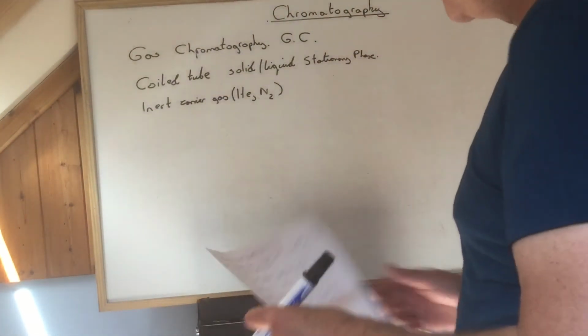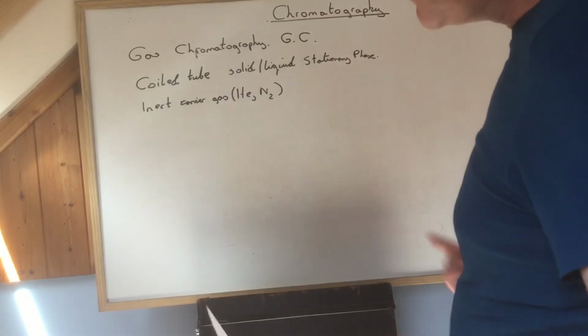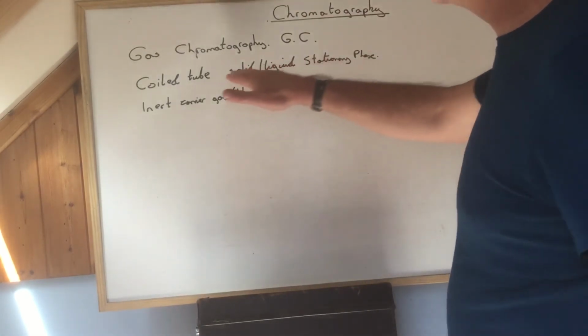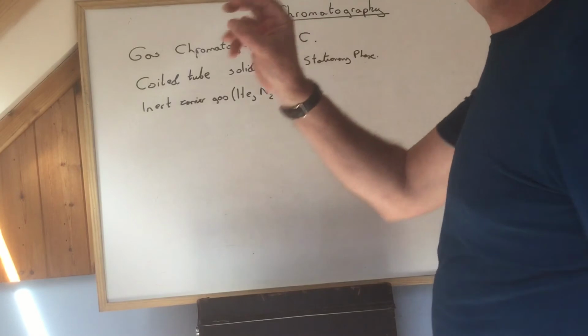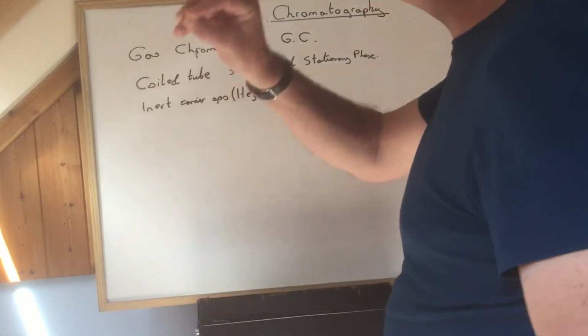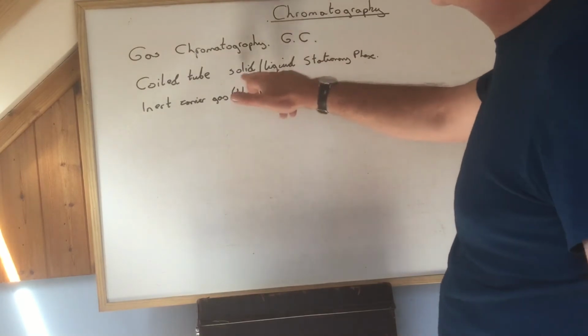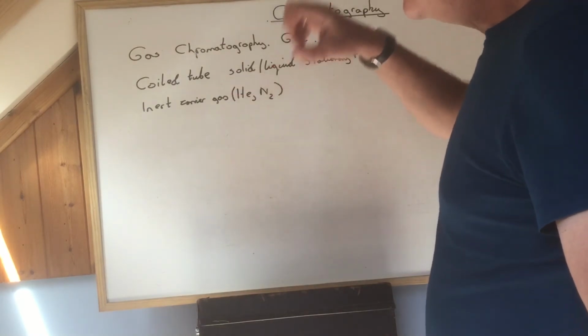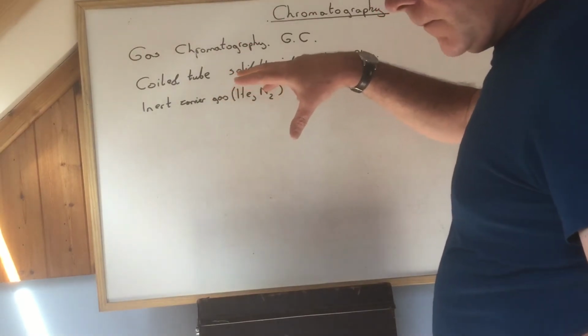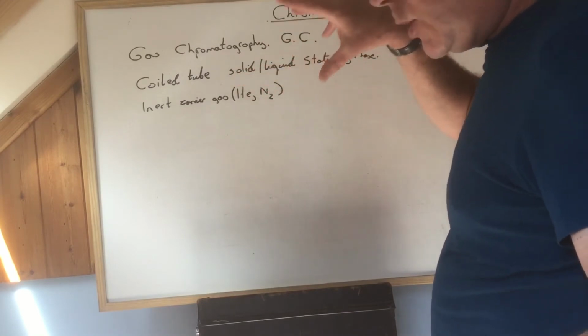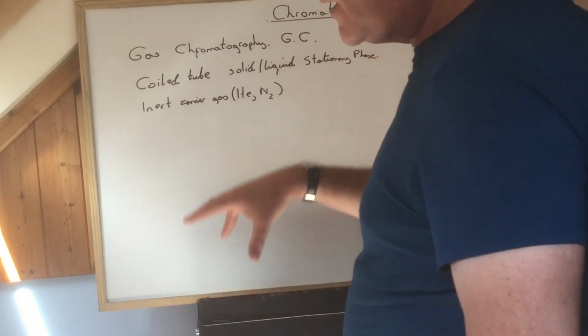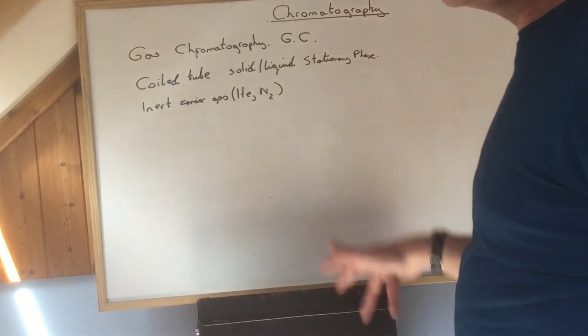So what do you do? You take your mixture, you inject it in, and it goes through the coil. Now, depending on each particular component of that mixture, the way it interacts with the solid or the liquid phase, how much it bonds to it, will slow it down differently.